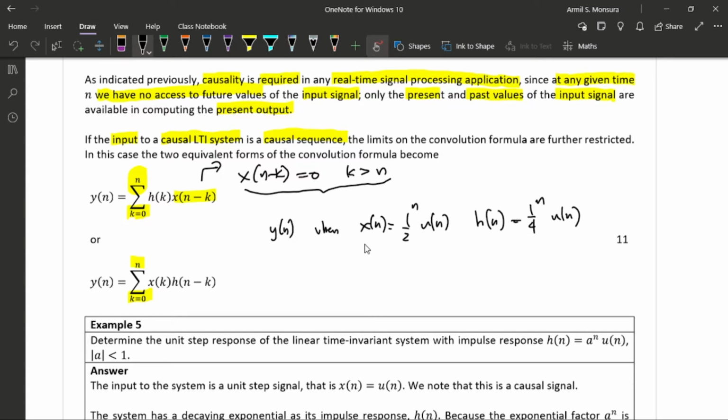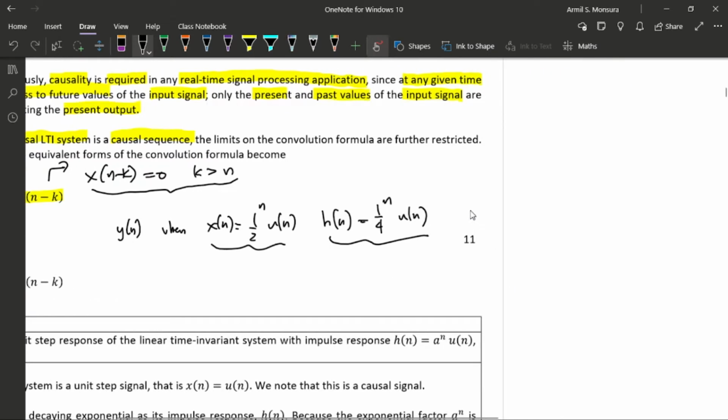Notice that both of them are causal. Now notice that at one point of the example, we've been able to change the limits of your convolution summation from k equals 0 up to n.